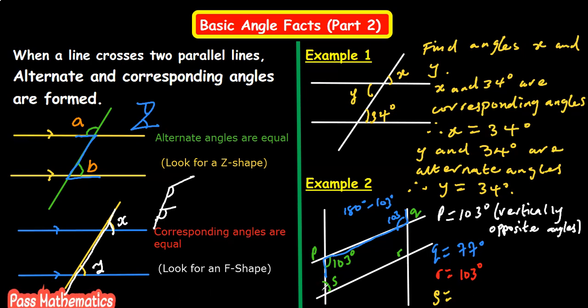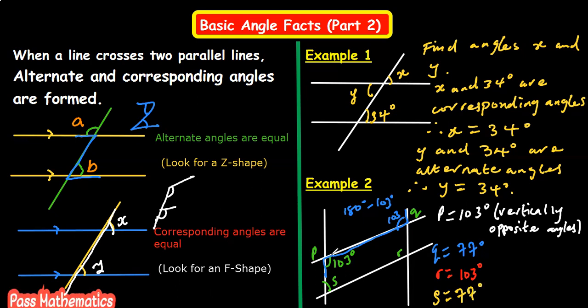So for that reason, we take it away from 180 degrees, and then we're going to have angle S, which is 77 degrees. Or we can also say that angles on a straight line like this facing each other, we just say 180 degrees minus 103 degrees, and then we're going to get 77 degrees. So angle S is 77 degrees.